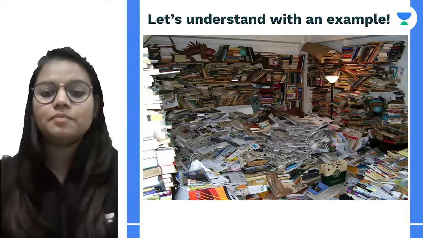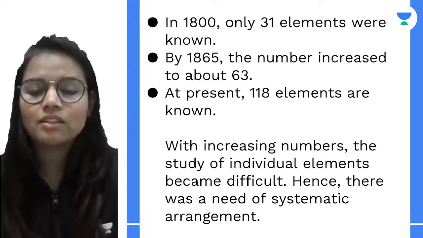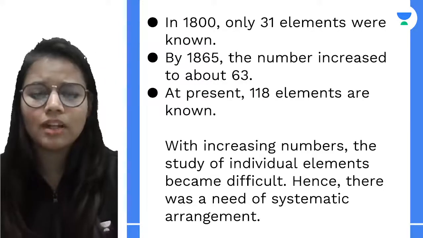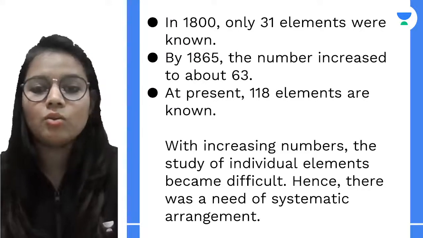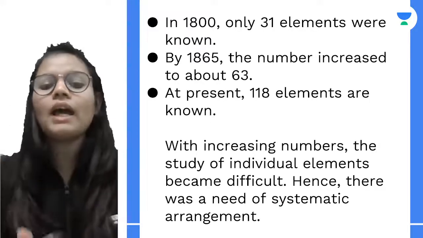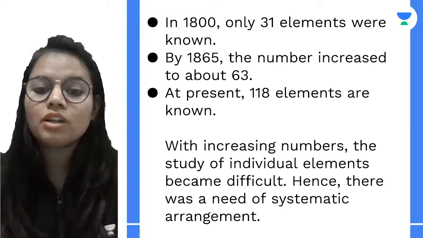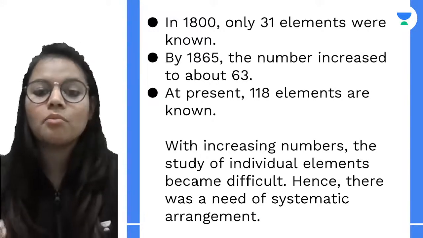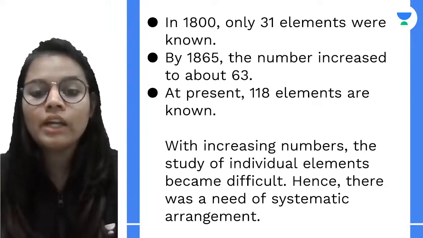Hi Gia. Now, if I talk about the year 1800, very few elements were known, only about 30 or so, so it was not very difficult. But as the numbers increased, it became difficult to remember every particular element.